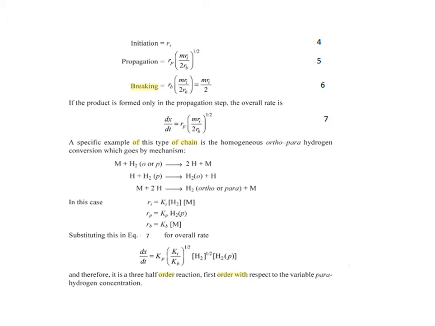Therefore it is a 3/2 order reaction, first order with respect to the variable para hydrogen concentration.